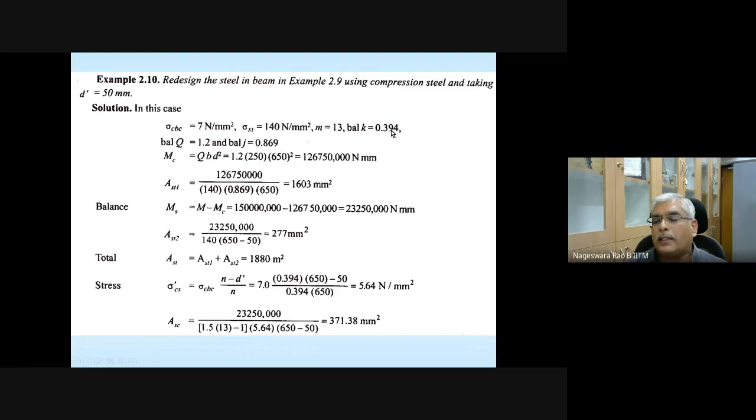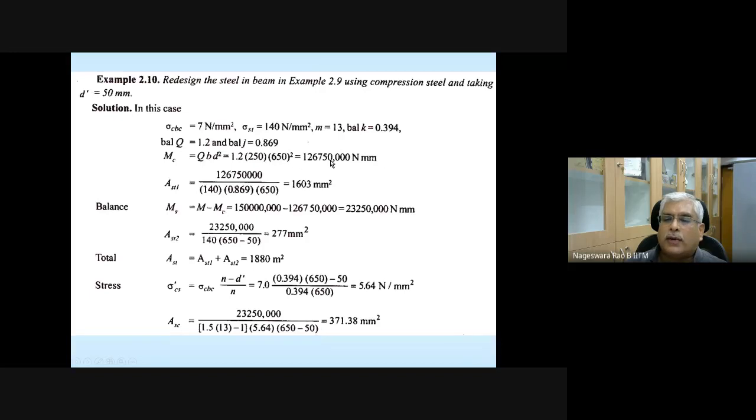That is all noted, because these are all fixed once the grade of concrete is fixed, once the grade of steel is fixed. And then you calculate the moment carrying capacity for a balanced section with the dimensions of B equal to 250 and D equal to 650 mm. For this grade of concrete and this grade of steel, what is the moment carrying capacity for a balanced section for those dimensions? And that is what is noted here.